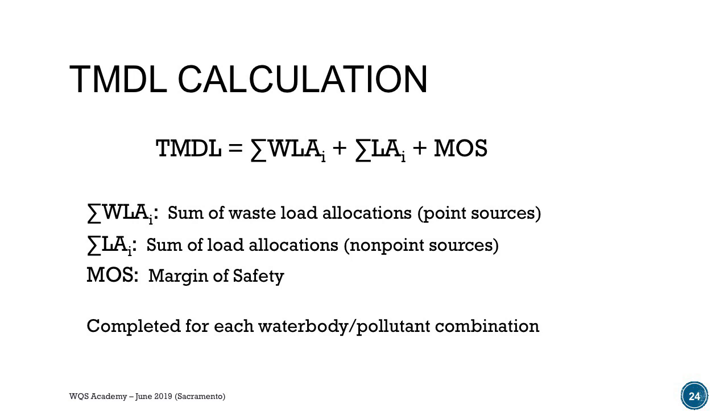But the margins of safety tend to be, I would say, implicit mostly, rather than, for instance, an explicit 10% margin of safety. That's one example. But I tend to see them as implicit.